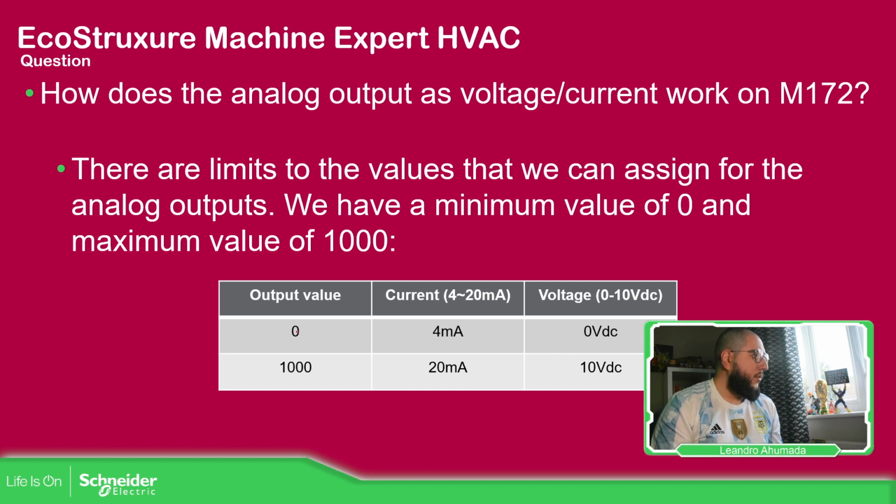The analog output on the controller will go from 0 to 1000 again. As soon as you enter the value 0, on the output you will have 0 volts or 4 milliamps. If you use the value 1000, you're going to get the 20 milliamps or the 10 volts, depending on the configuration.